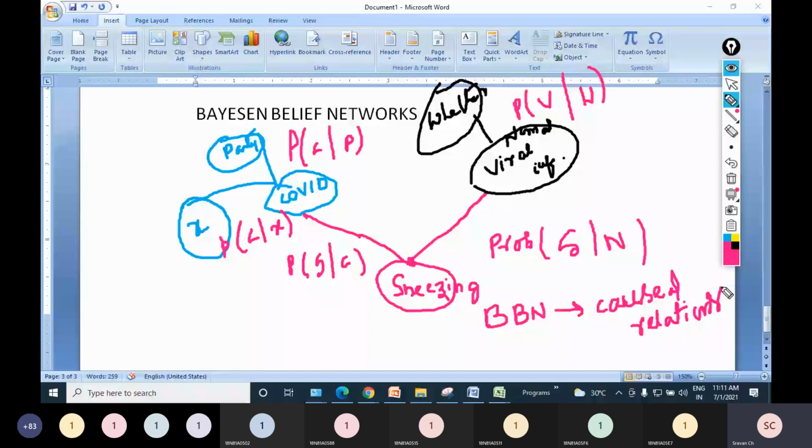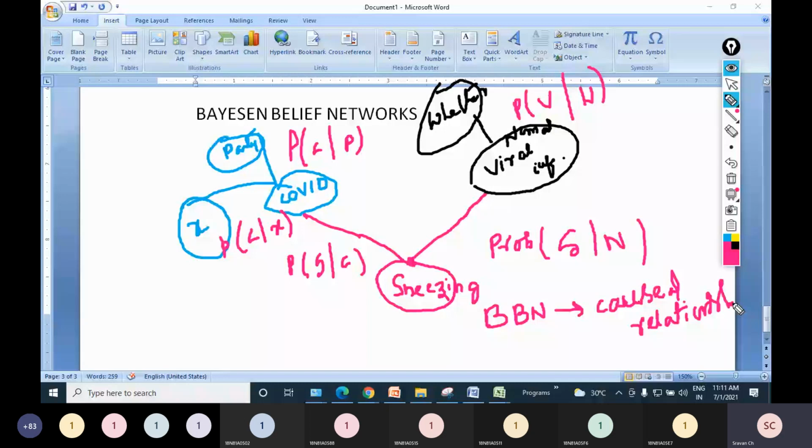So if sneezing is an event occurred, what is the cause? More likely it's a normal infection, or more likely it's a COVID. So those probabilities can be computed, and based on this Bayesian belief network, we can tell what is the relationship between two events, right? Sneezing is one event. It can occur mostly because of viral infection.